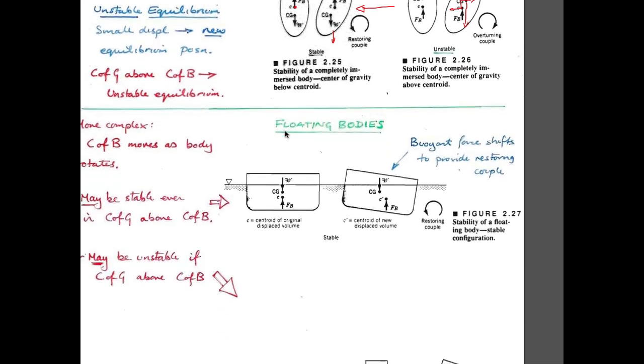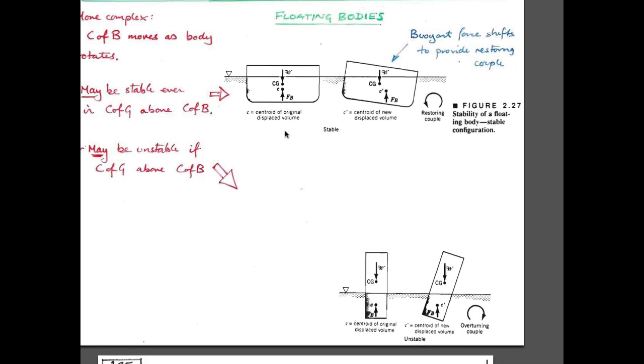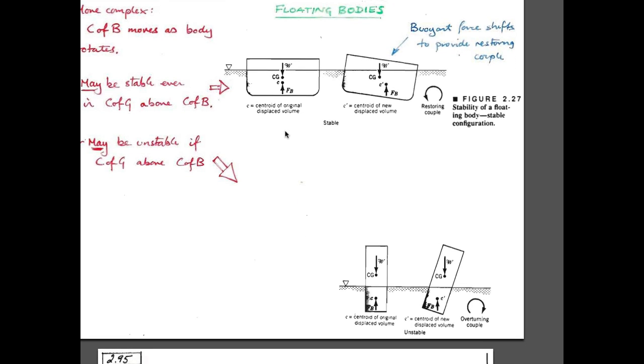So that's only made a little more difficult by the fact that if you have floating bodies which have a free surface attached to them, then you can imagine that as the wetted perimeter of this, or the wetted volume, the volume, if you like, which is below water, changes. If the cargo in this particular ship is always fixed, then you'll have a center of gravity which will always be in a particular location within that ship.